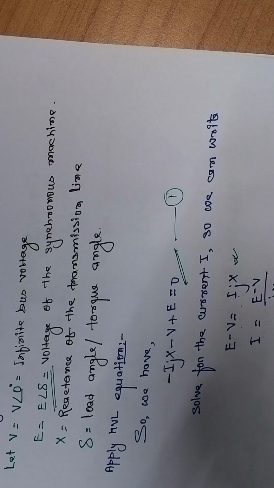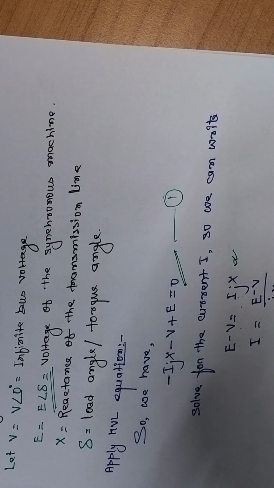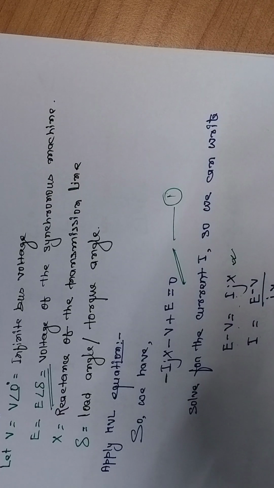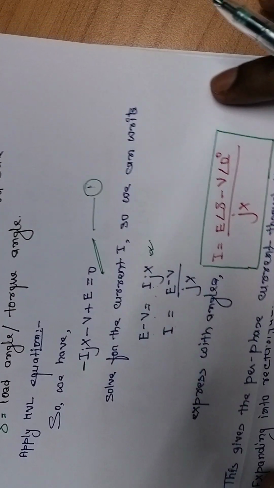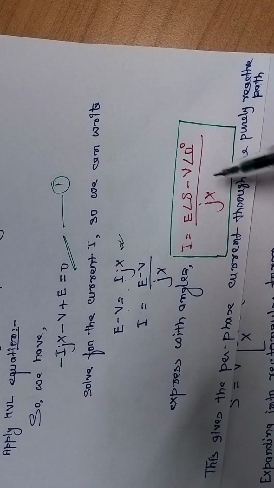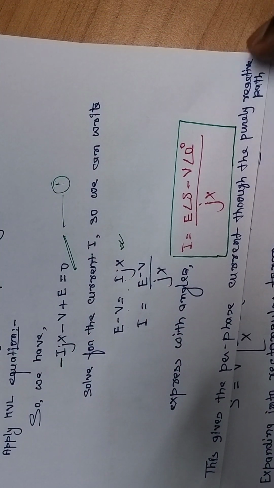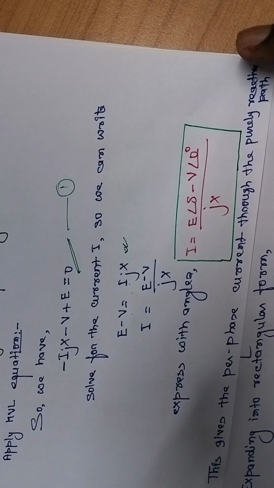If we want to express this with angles, I equals E of angle delta minus V of angle 0 by jX.